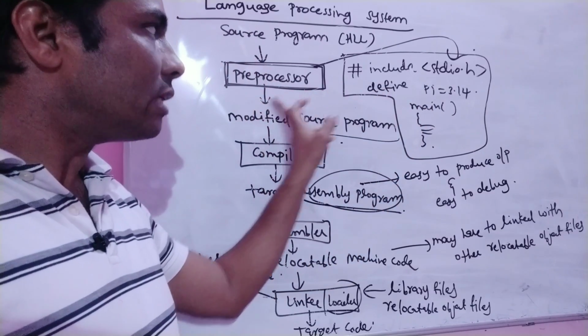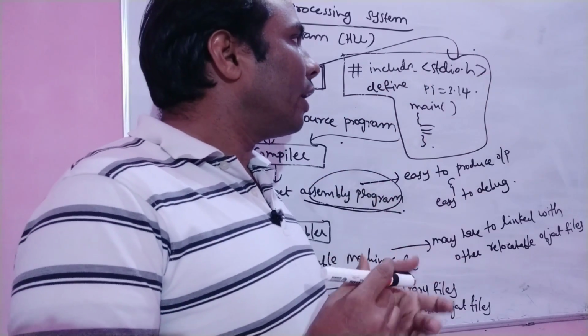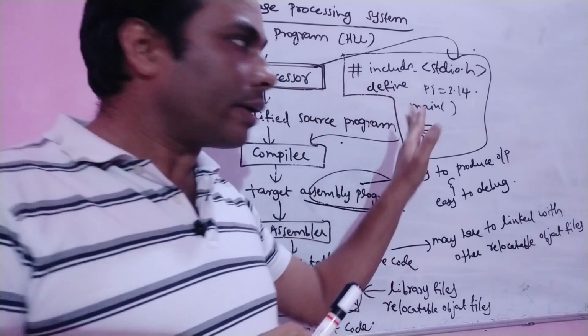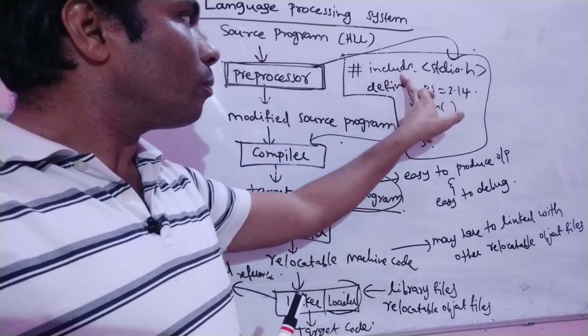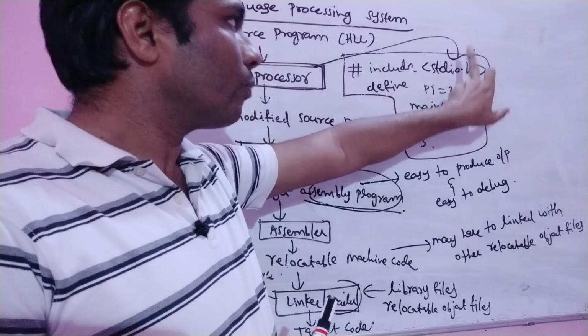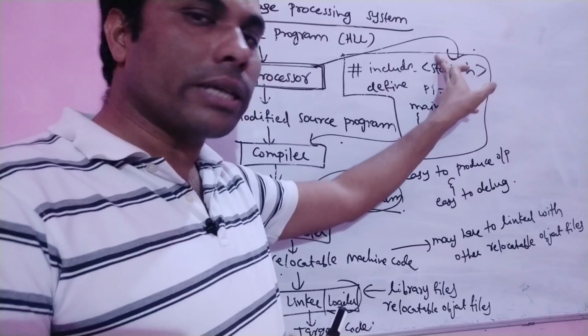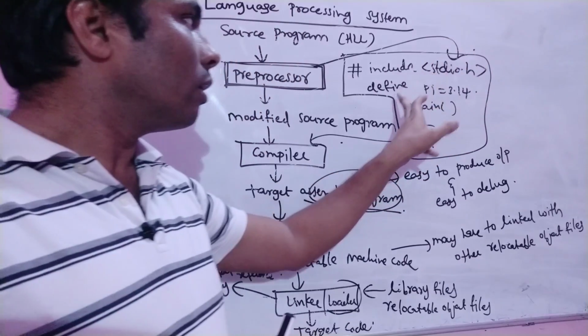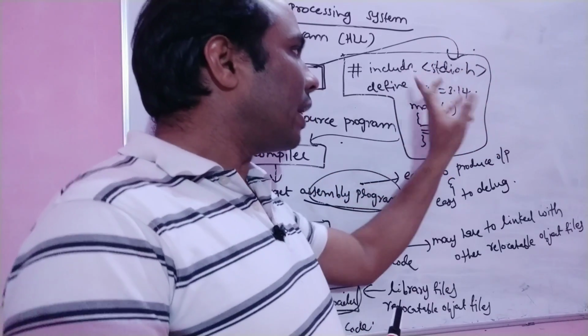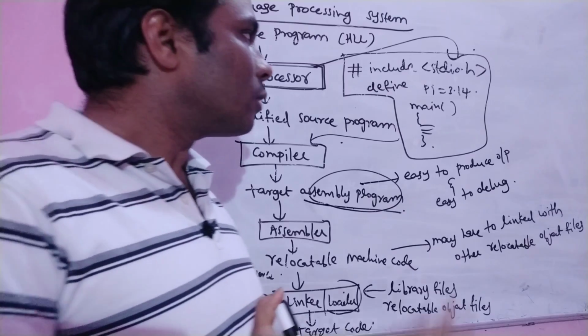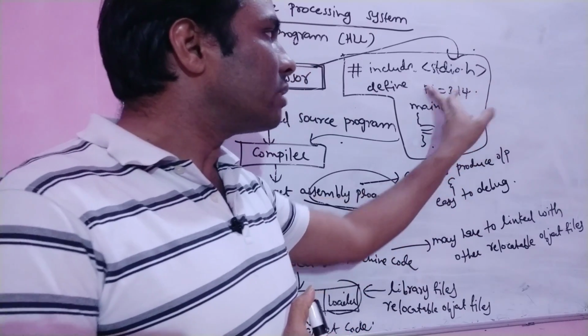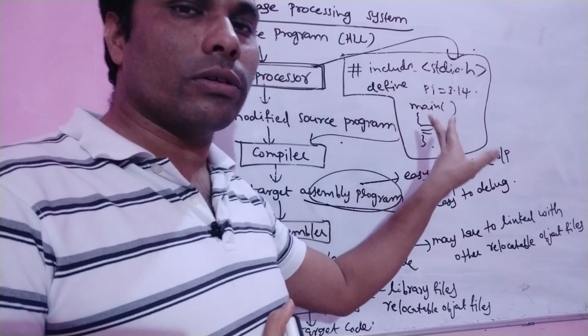The preprocessor's role is to collect wherever these individual modules are. For example, here a library header file is required, so it takes it and includes it here in the source program. And there is the macro expansion. Wherever this macro, PI equal 3.14, is required, it simply substitutes the value in your source program.